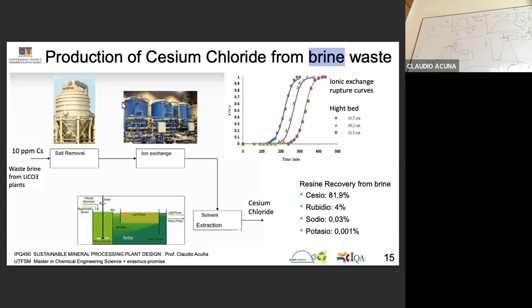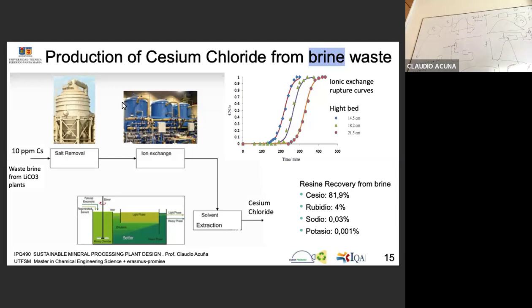It's a waste that has a cost. Concentration by evaporation, and then you have ion exchange. Those are the isotherms. We work with that. We will learn those are the breakthrough curves when you have a continuous process. We need the isotherm and the breakthrough curve in order to understand how much time we need per column.